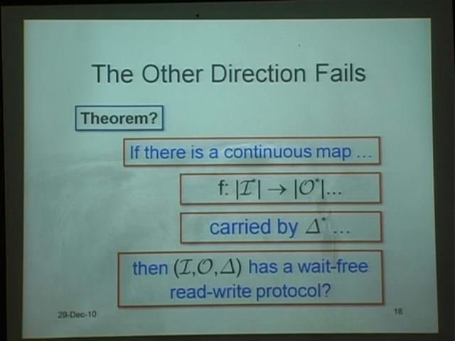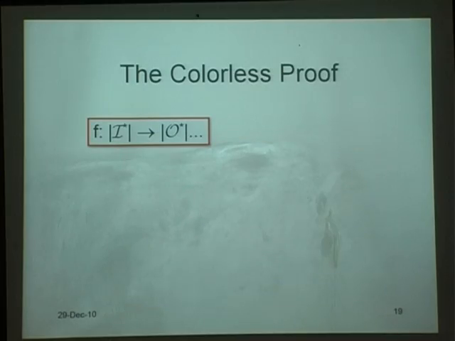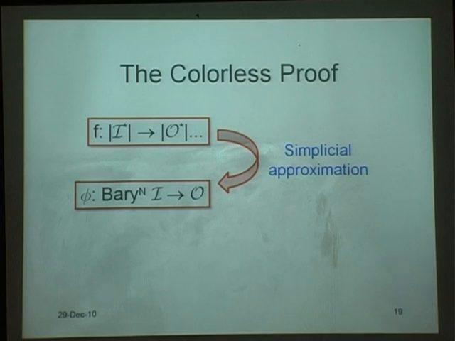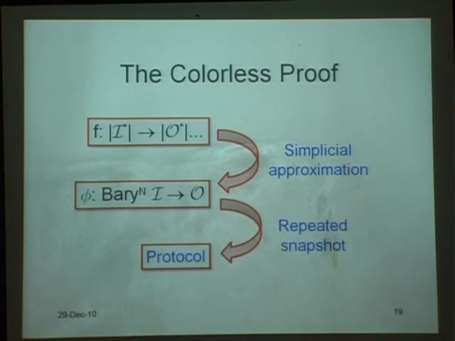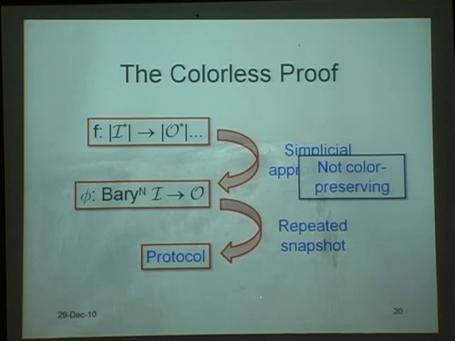And so then what we did was we say, well, if we have this map, then we take a simplicial approximation to the barycentric subdivision, iterate, and then barycentric subdivision is repeated snapshot, and that gives us a protocol. What went wrong is that this is not a color preserving map.